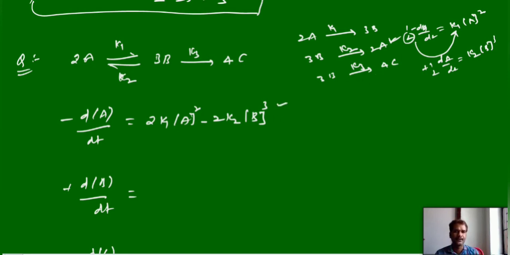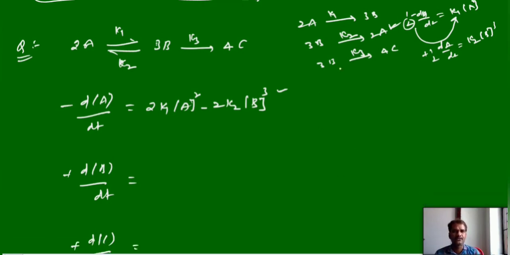Similarly dB by dt, this you can write B involving in the first, second and third. First product, the formation you can write directly, that is 3 K1 into A power 2, and the second equation it is the reactant side, so you have to take minus again 3 K2 B power 3, and again in the third equation it is a reactant side, so coefficient is 3 K3 B power 3.